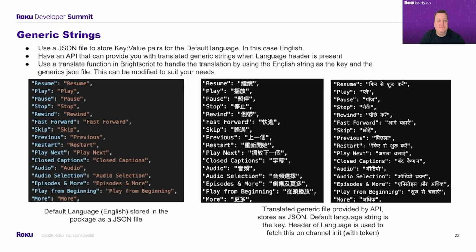It gets saved. And then when we need to do our translation, I created a translate function instead of the normal TR function you would find in Roku. It utilizes this array that I already have.